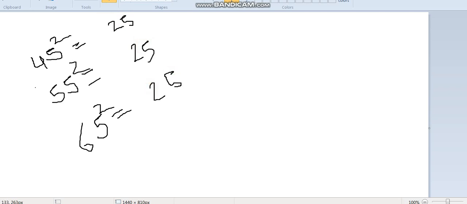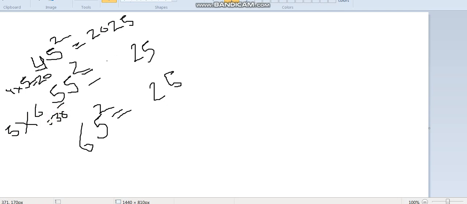Next, what is the next number after 4? 4 into 5, and the answer will be 20. This 20 you will write here. What is the next number after 5? 5 into 6, and it will be 30.